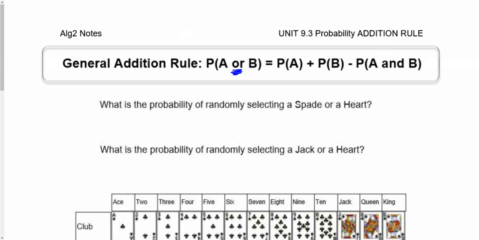The stuff I'm teaching you today is only for when it says find the probability of this or this happening. Just find each individual probability and then subtract. This part right here means that they are both happening at the same time. That's what that part means.